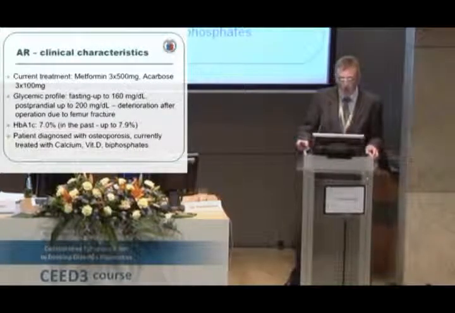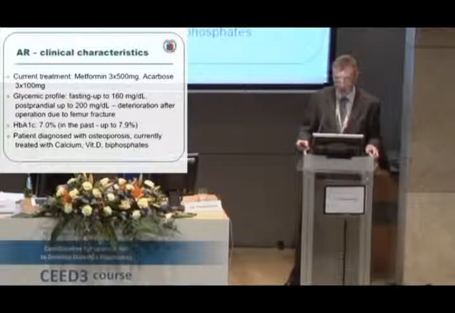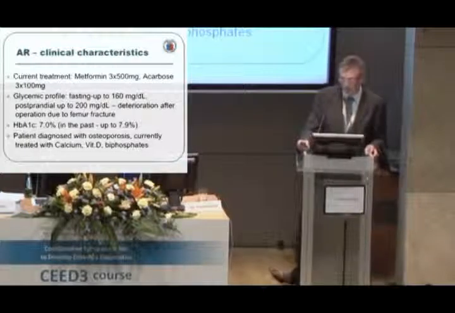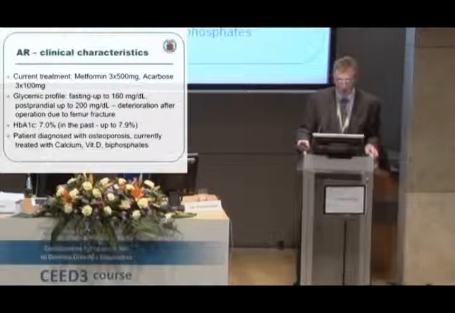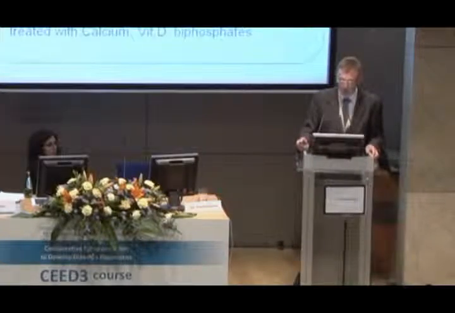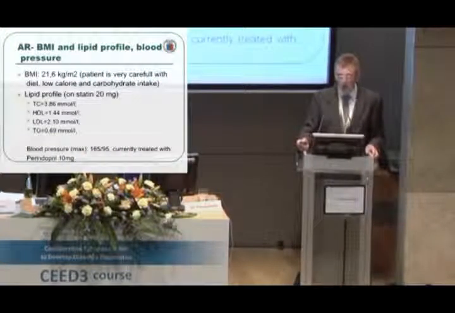Her current HbA1c level is not that bad. In the past, however, it was up to 7.9, and she reported even higher levels of HbA1c. What's important, the patient is diagnosed with osteoporosis. Currently she is treated with calcium and vitamin D, and we were considering bisphosphonates in this case. Her BMI is 21.6.